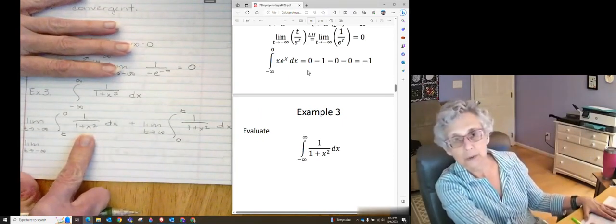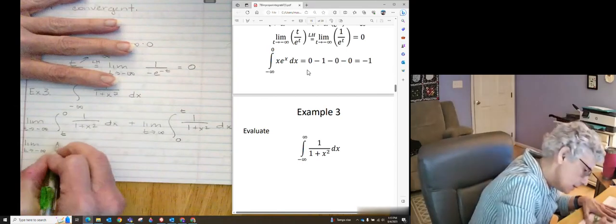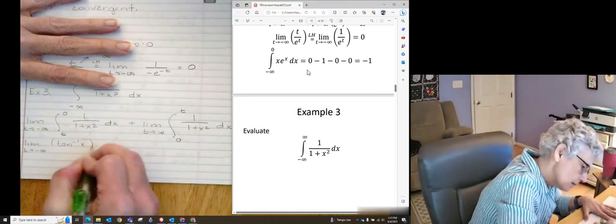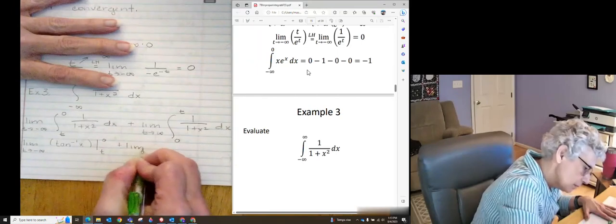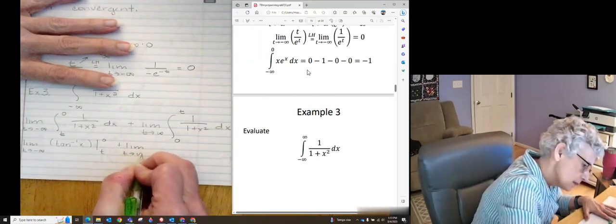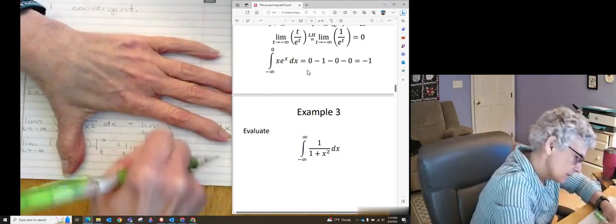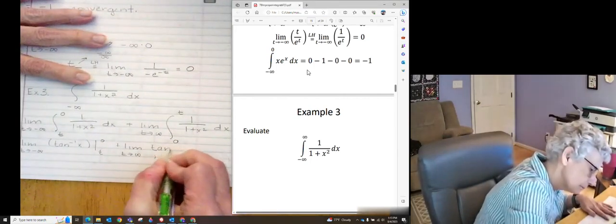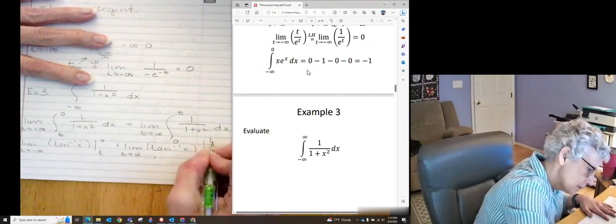Oh, 1 over 1 plus x squared is arctan. So this is going to be inverse tangent of x from t to 0 plus the limit as t approaches infinity, inverse tangent of x from 0 to t.